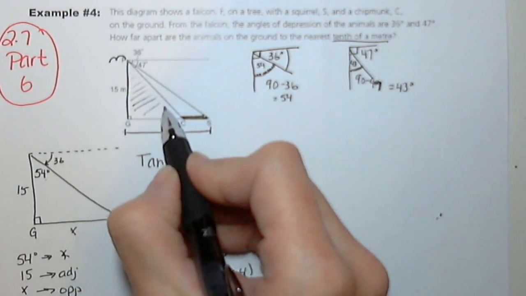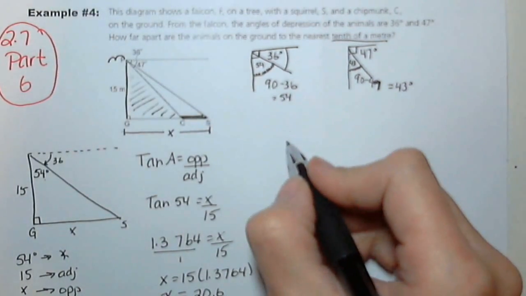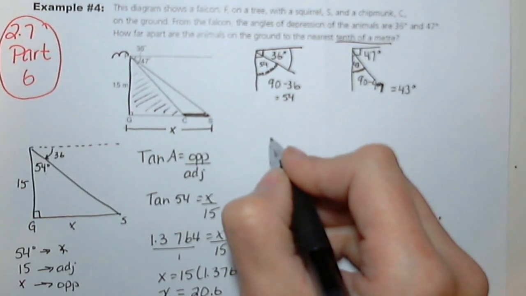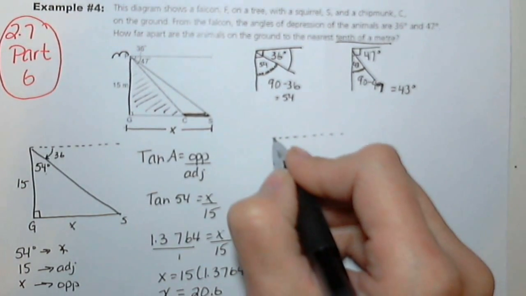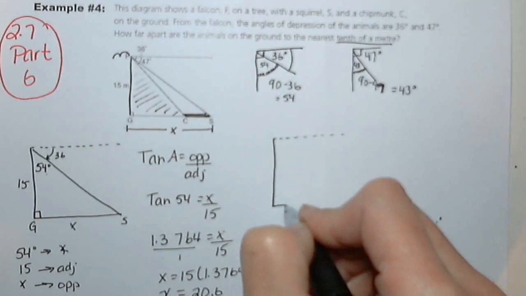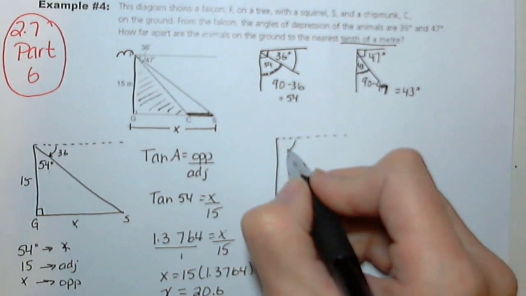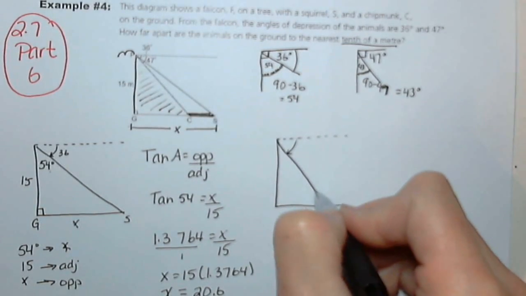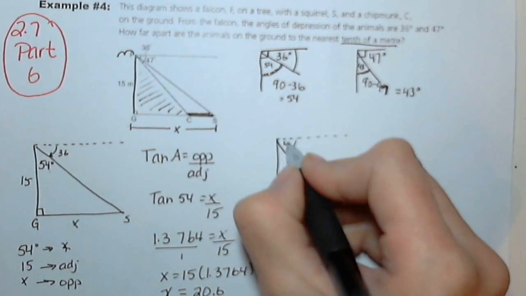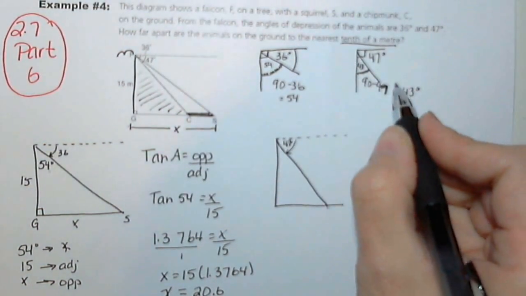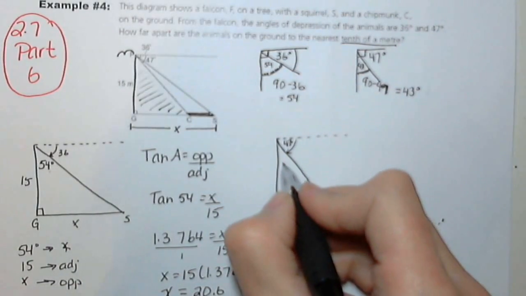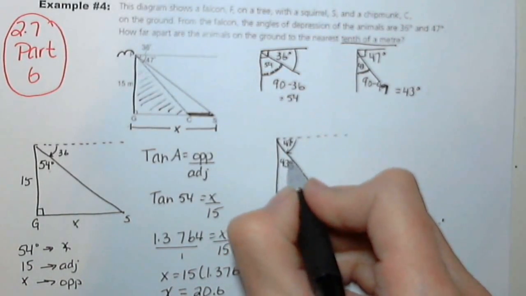So drawing that one, also drawing the dotted line on the top. This triangle goes down 47 degrees on the outside, which we found to be 43 degrees on the inside.